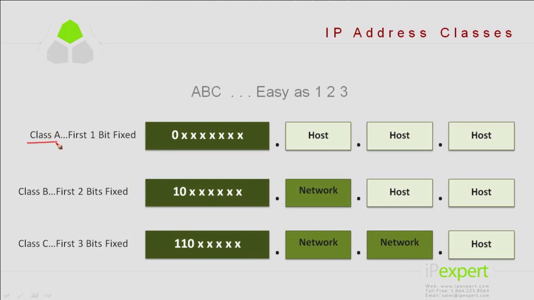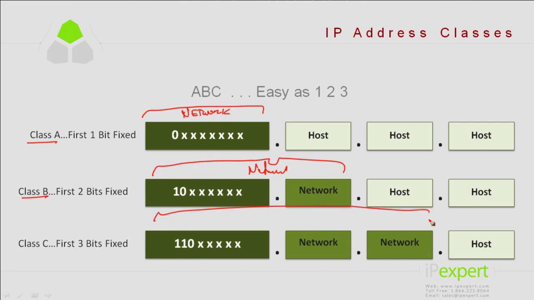A Class A address, the entire first octet is used for the network. In a Class B address, the first 2 octets are used for the network. In a Class C, the first 3 are used for the network.